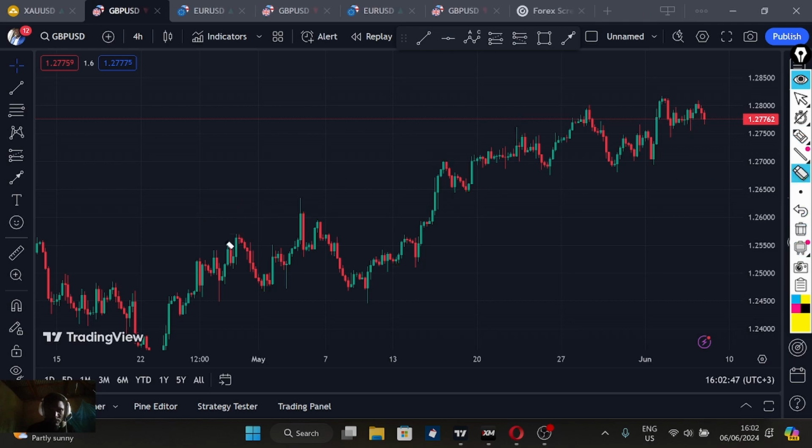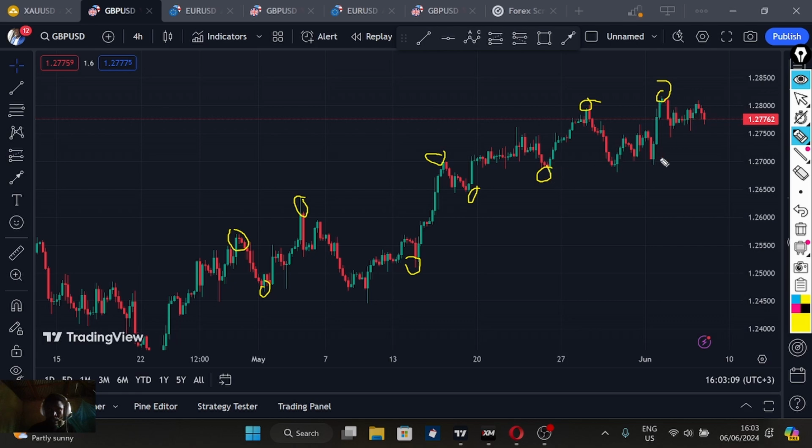We know this because the market is making higher highs and higher lows than the previous high and low. And this is how we determine that this is an uptrend.